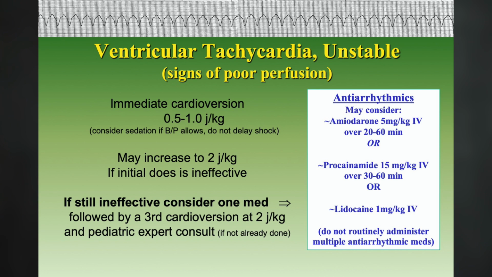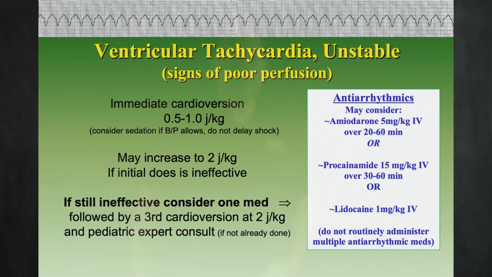So the patient who has unstable, wide complex tachycardia should be treated with synchronized cardioversion. And that would be at generally 0.5 to 1 joule per kilogram, again using your pre-calculated system. You can increase it to 2 joules per kilogram if the first cardioversion doesn't work.